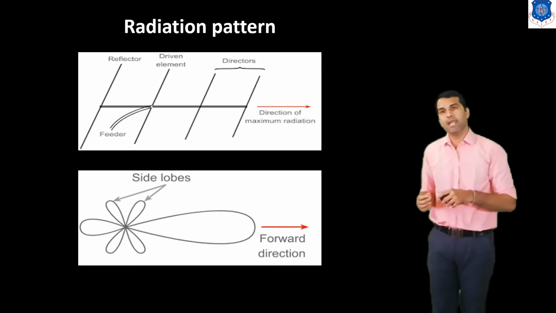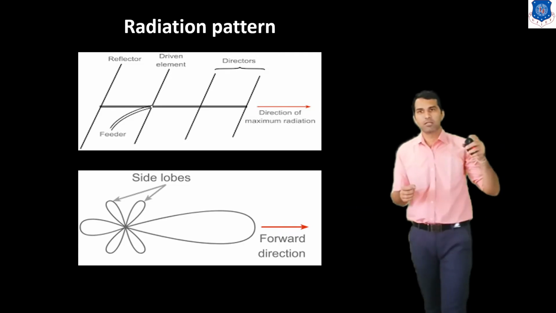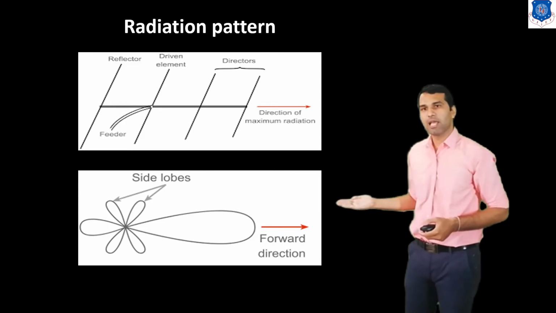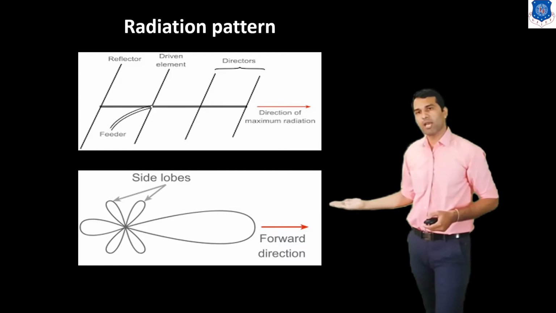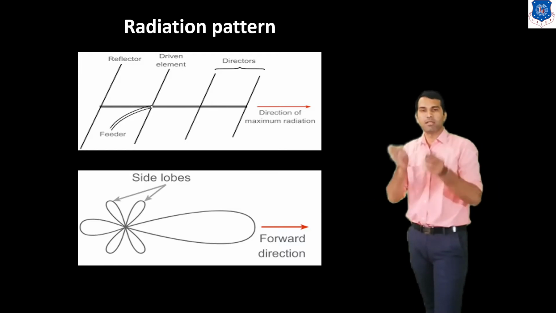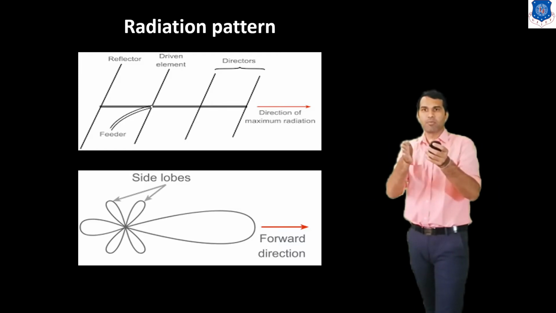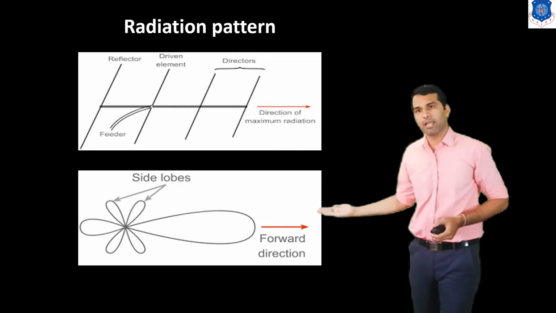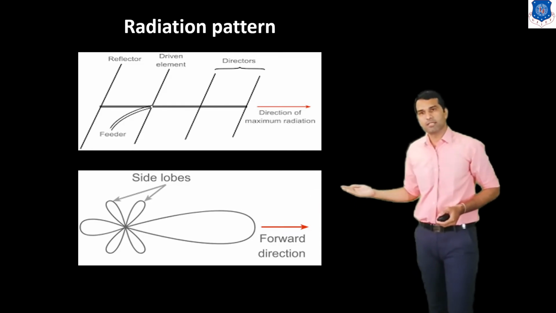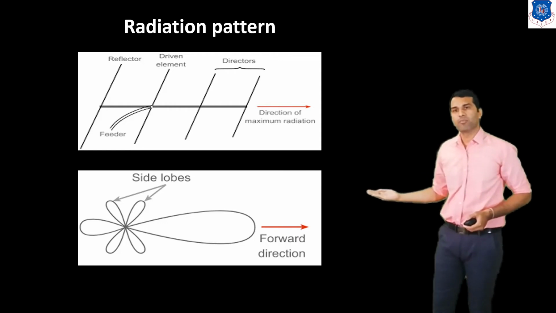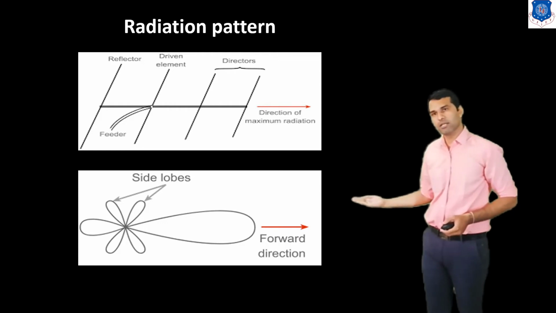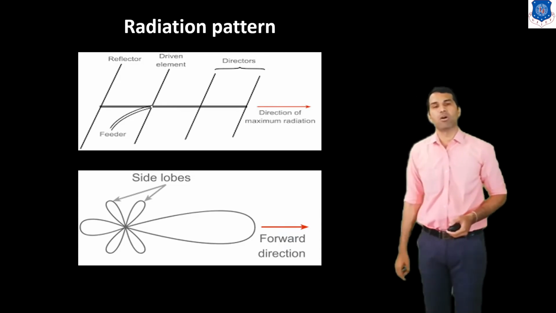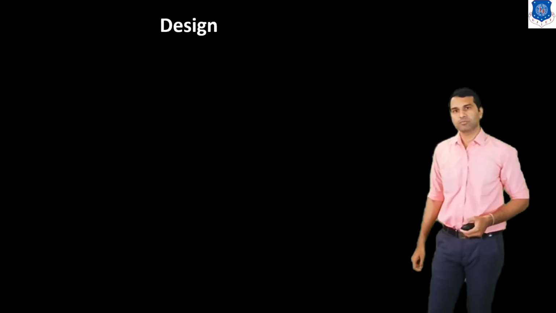It radiates in the direction of the maxima, in the direction in which the antenna is placed toward the director, in which direction it radiates its energy. So it is a directional radiation pattern. Here is the figure for the radiation pattern of the Yagi-Uda antenna.